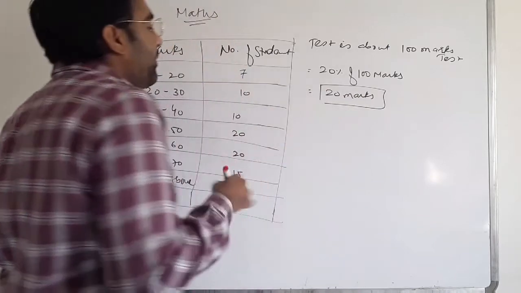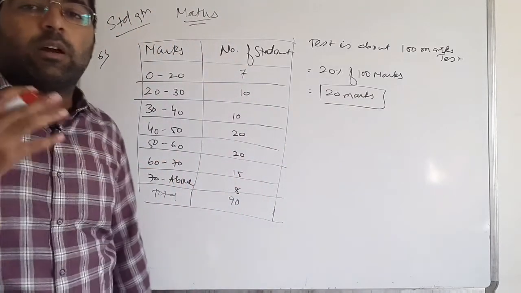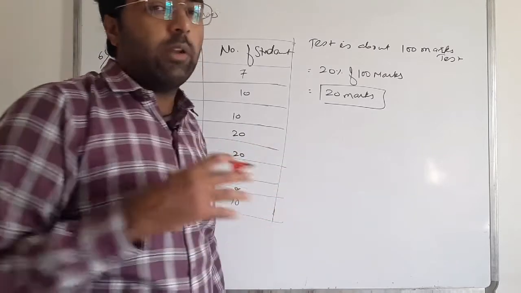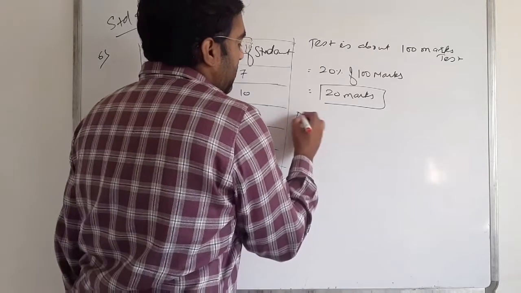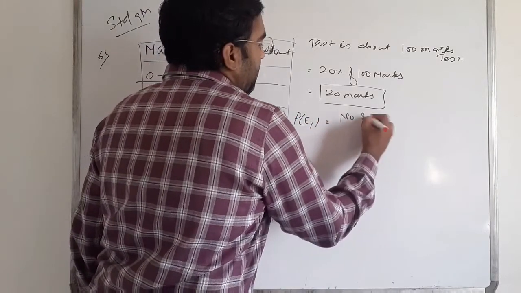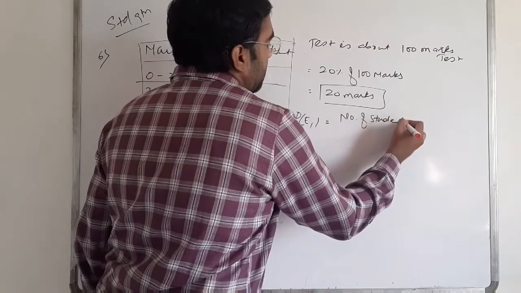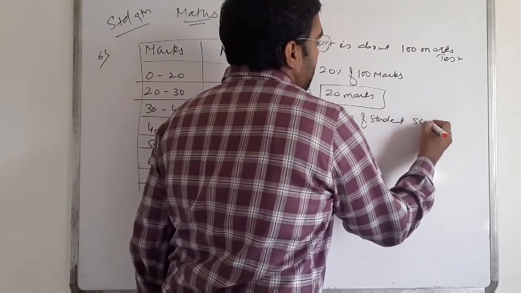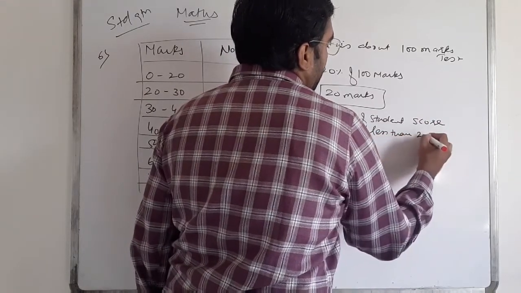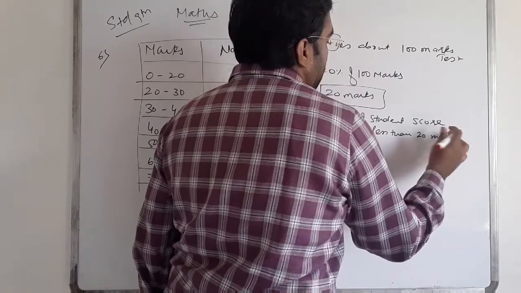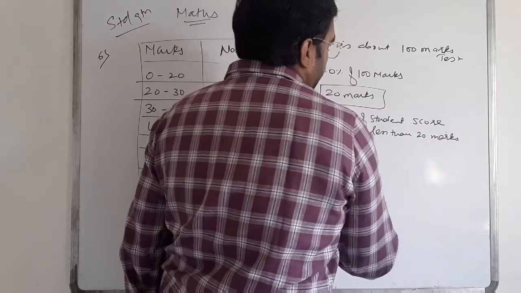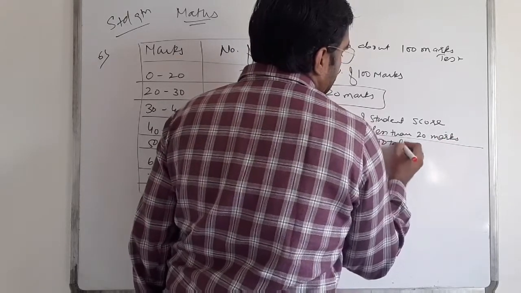So my probability, the students who got less than 20 marks. My P of E1 is the number of students who scored less than 20 marks upon the total number of students.